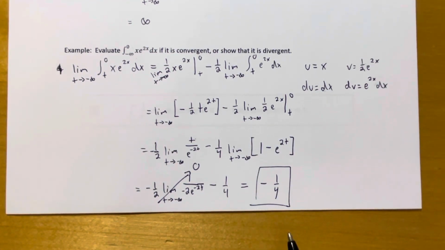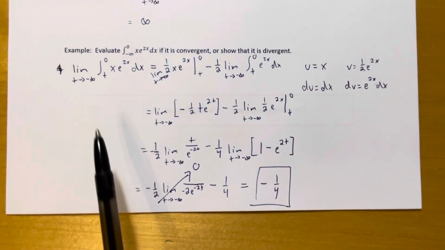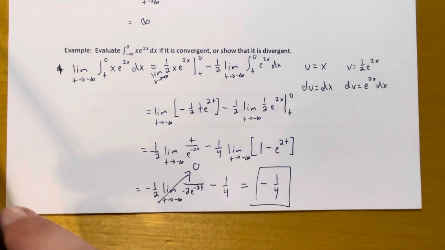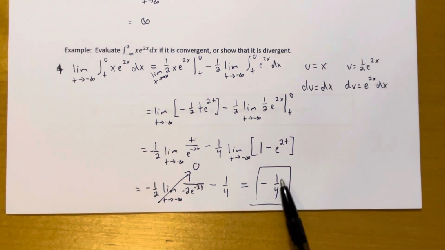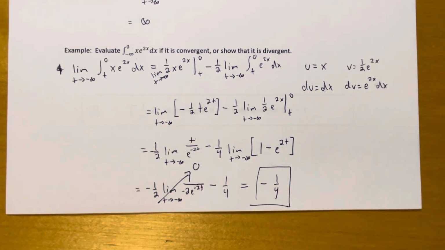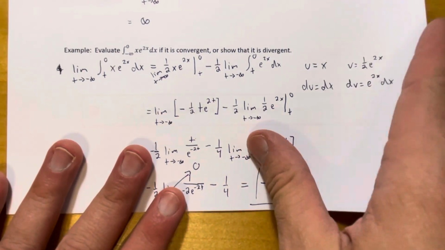So it is correct that we're getting a negative value here. Secondly, you would see that there's not very much area there. It kind of dips down below the x-axis, but then it very quickly starts approaching the x-axis again because there's a horizontal asymptote as you go towards negative infinity. So that means there's not a whole lot of area. Negative 1/4 feels like a reasonable answer when you compare it to what the graph of this thing looks like. Okay?